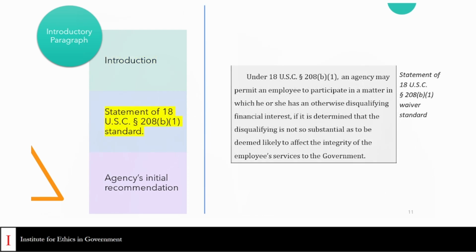We recommend beginning your waiver with a statement of the basic prohibitions of 18 USC 208A and the legal standard in 18 USC 208B1. Stating the general prohibition and the legal standard for waiver of the prohibition is helpful because it provides context for the agency's assessment of the facts and its decision to issue the waiver.